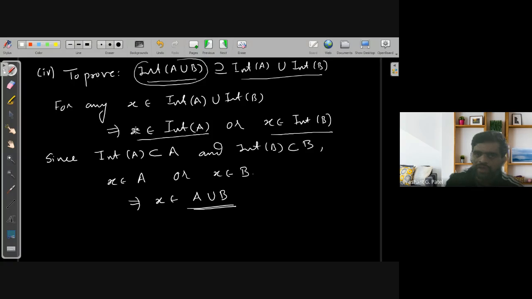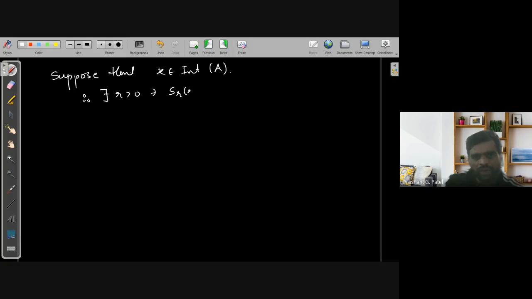So we start with, let us suppose that X belongs to interior of A. If it belongs to interior of A, according to the definition of interior point, X is an interior point of A. As per the definition of interior point, there exists some R greater than 0 such that S_R of X will be a subset of A. That we can say.